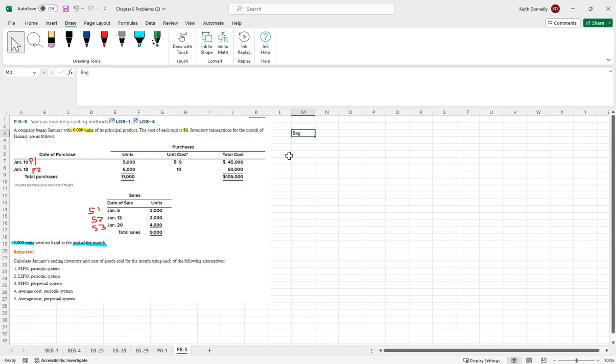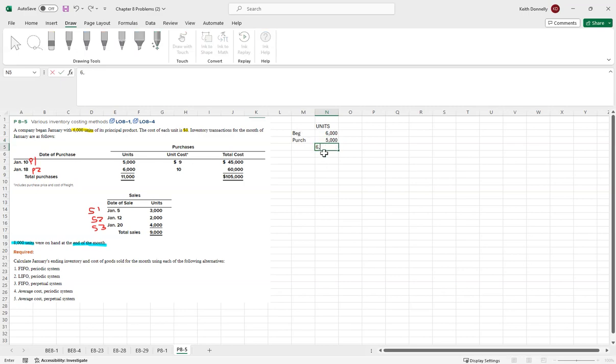We began with our beginning inventory, which we can put in units. And then we had some purchases. So we began with 6,000 units. We had purchase 1 of 5,000 units.